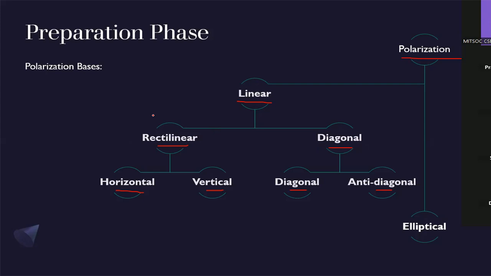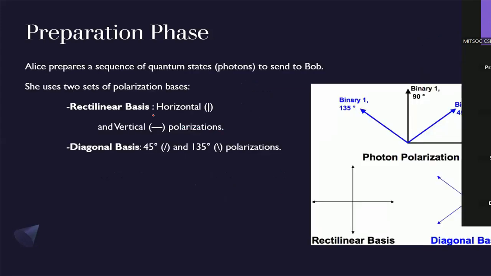Next, in the preparation phase, Alice prepares a sequence of quantum states, that is photons, to send to Bob. She uses two sets of polarization basis: rectilinear and diagonal.